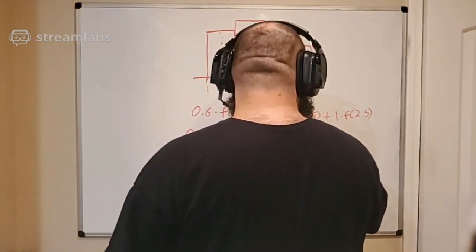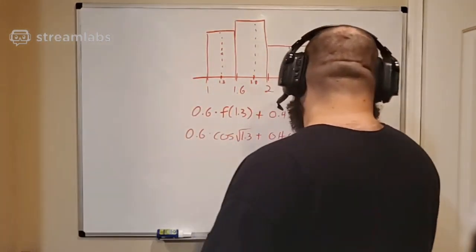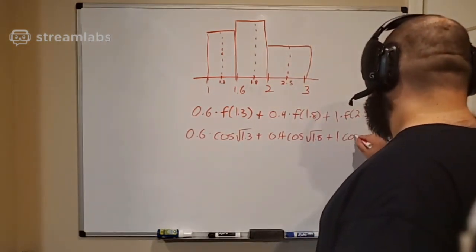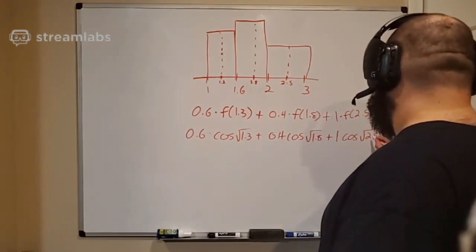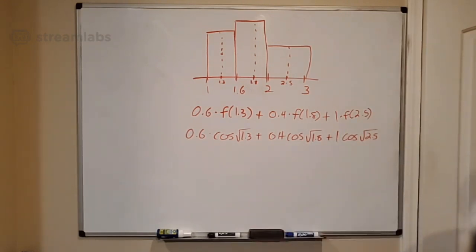And this one's 1 times cosine of the square root of 2.5. And remember, you can leave it just like that. Please leave it just like that. There is no reason to simplify that out for any reason whatsoever. Now, if you need to use that on a future part, you can simplify it there and put it in the calculator, but that is worth 100% credit right there.